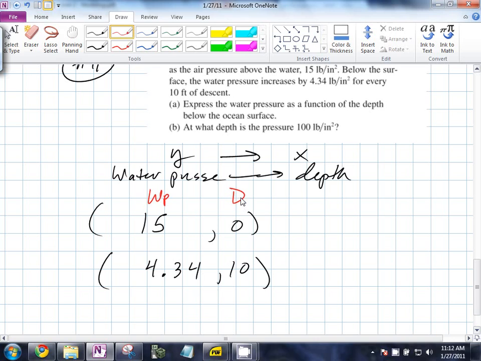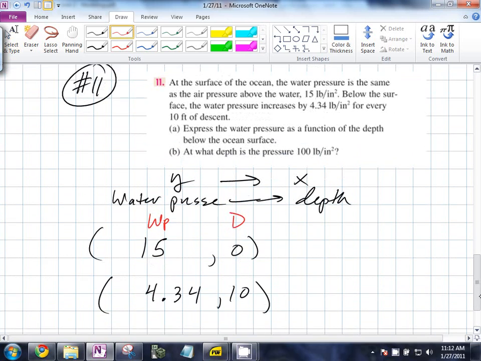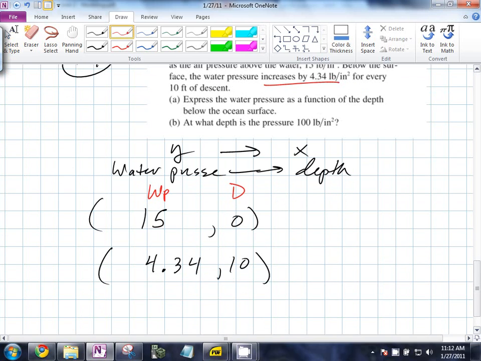So what do we need in order to write a linear equation? Oh, it's not. It increases by. Sorry, increases by. So what is it going to be? 19.34. Sorry, my fault. 19.34. Right? So 10 minus 0 over 19.34 minus 15. So what is it going to be? 10 over 4.34.